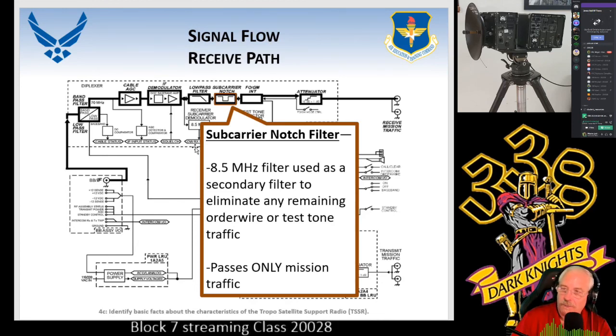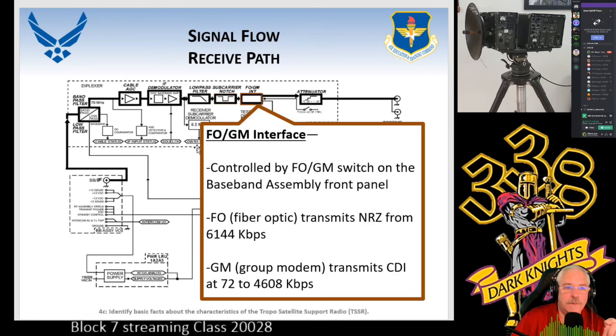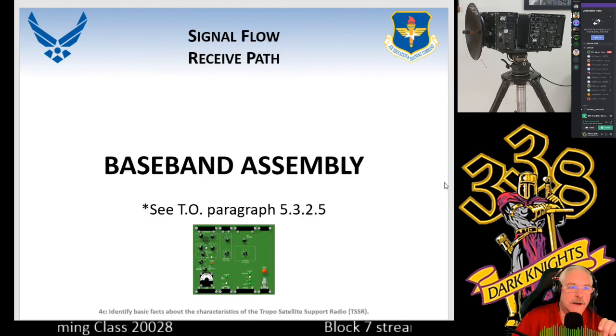This is only going to pass either CDI or NRZ, pseudo NRZ. On the front panel, you're going to have something called FO and GM, FO being fiber optic and GM being group modem. Where can you find it? Well, let's go back and look at this bad boy.